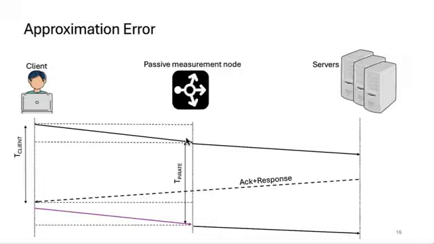It is the elapsed time between the initial request and the triggered request. But there is a small approximation error here, which is the client think time. The client think time is the idle time between receiving the first response and submitting the second request.